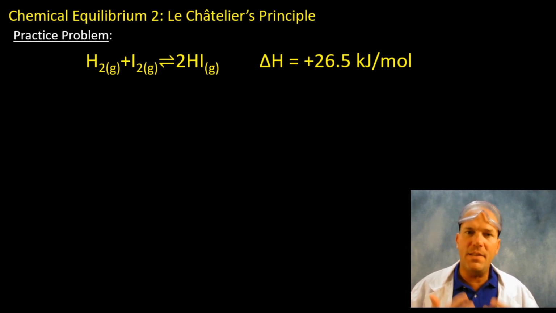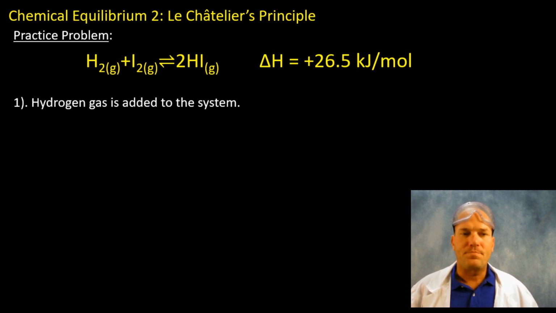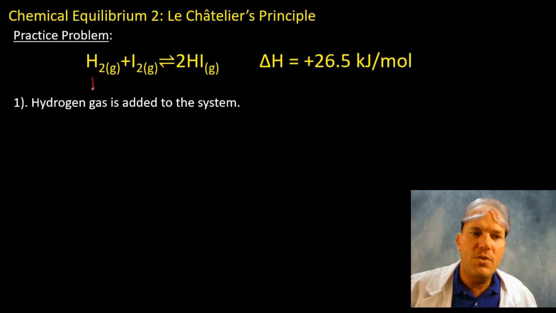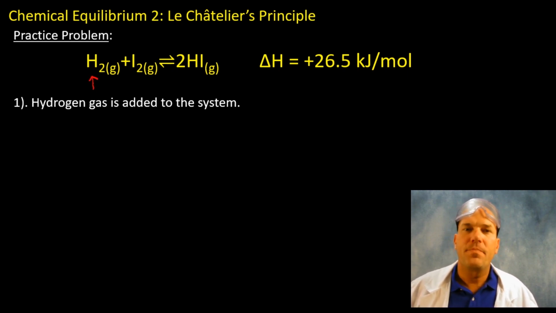That means that this is an endothermic reaction. Part 1. Hydrogen gas is added to the system. In other words, we're increasing the concentration of one of the chemical species. And the question is, how will this reaction respond to the stress of added hydrogen gas?